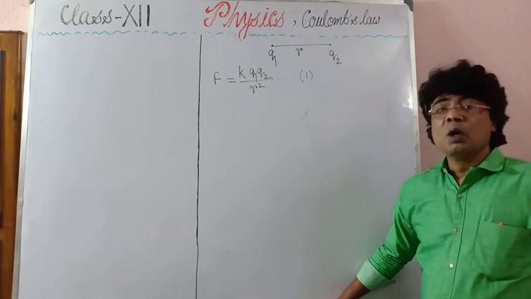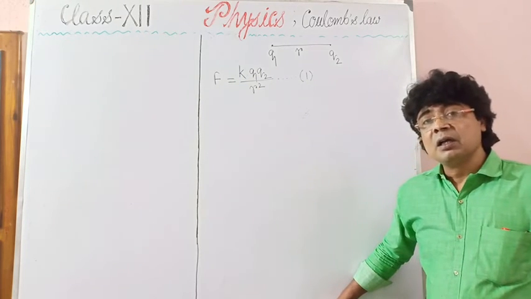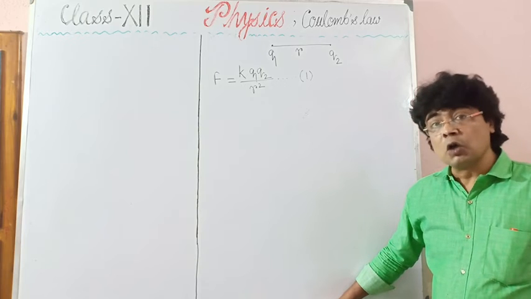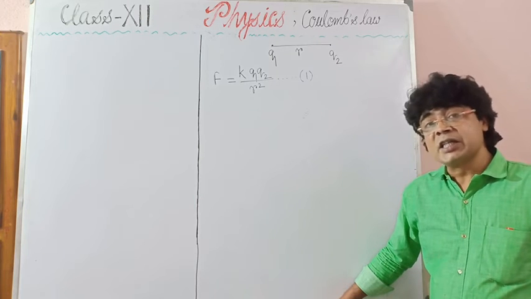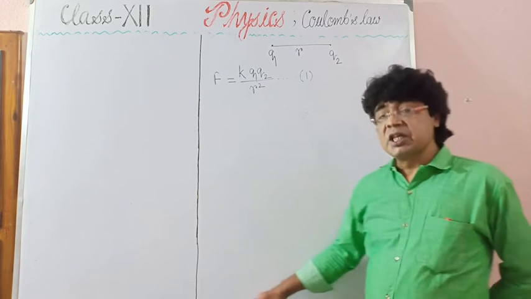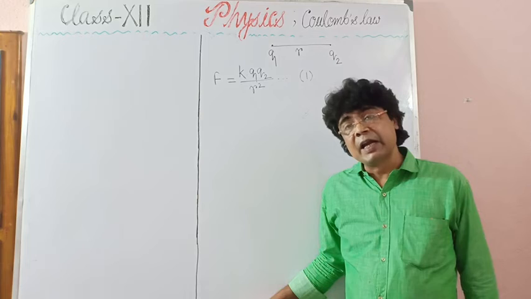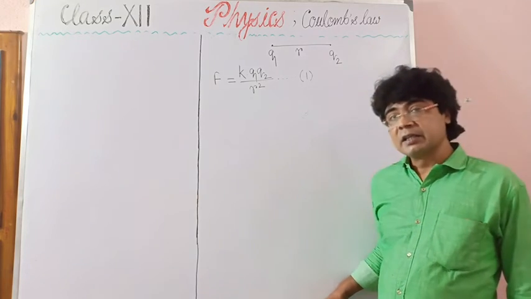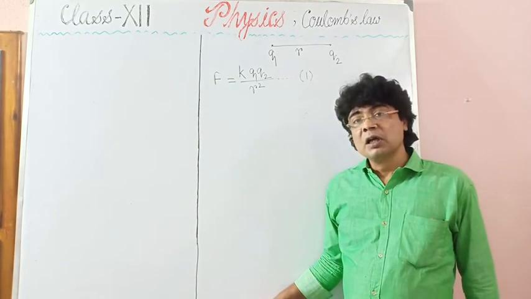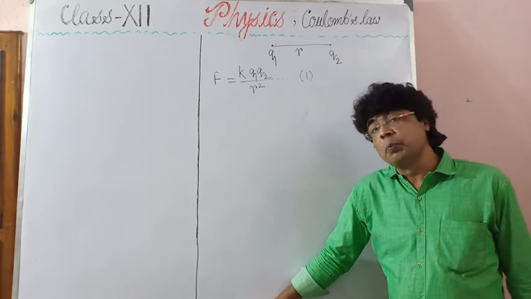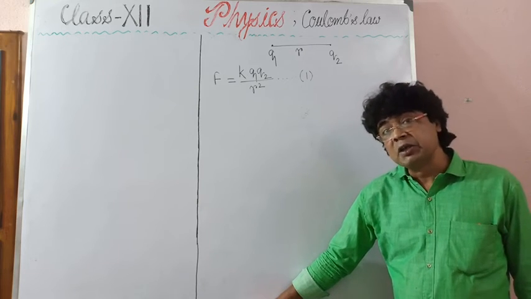We discussed that the value of the electrostatic constant depends on the nature of the medium between the two point charges and also on the system of units chosen to measure force, distance and charge. So K is different for different media.